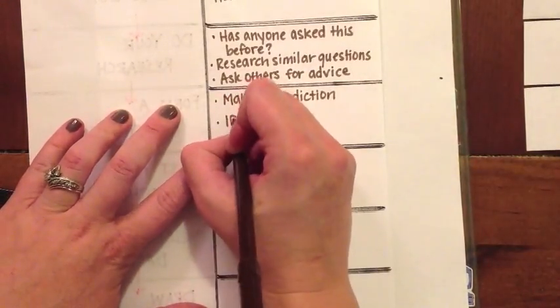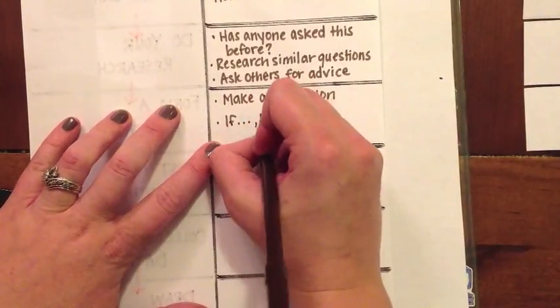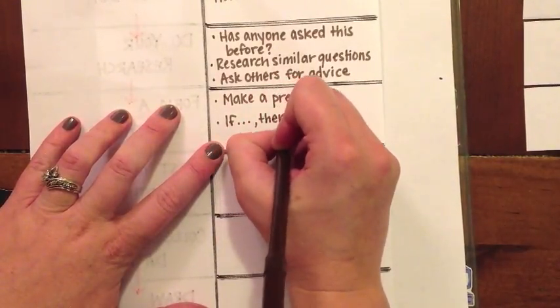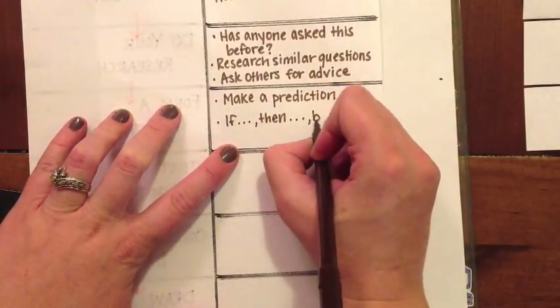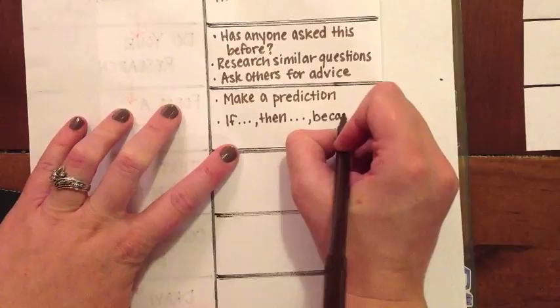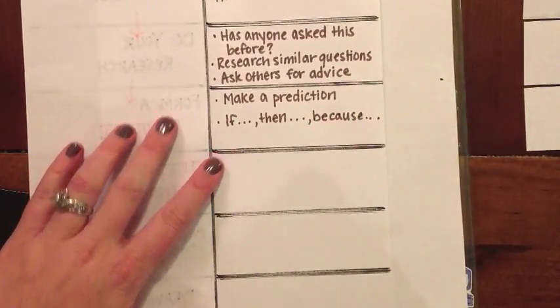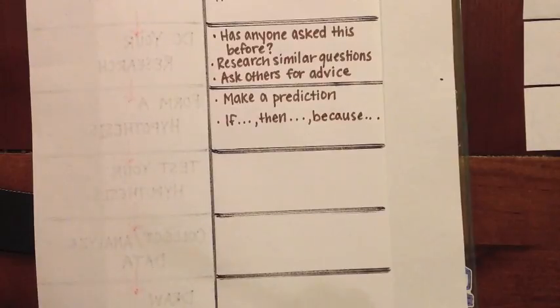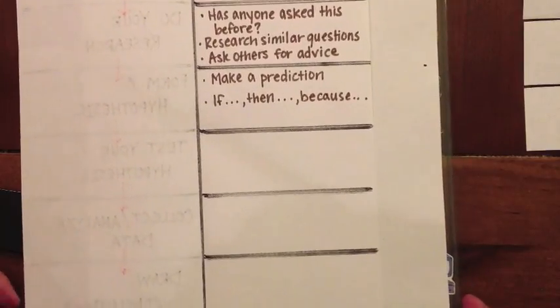We say, if we do this, then this will happen, because, and we give our reason why it is going to happen. So that is forming your hypothesis, making your prediction, if, then, and because statements.